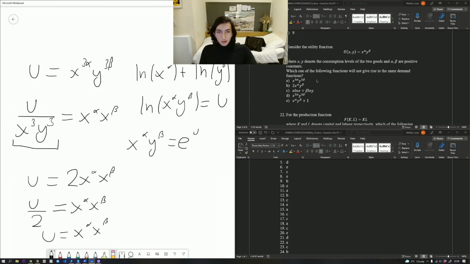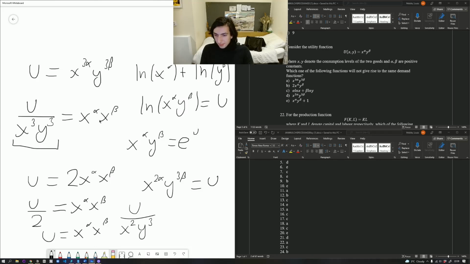Because you can see on d that 2 alpha and 3 beta don't cancel each other out in the same way. If I was to have x^2 alpha y^3 beta equals u, then you essentially get u over x squared y cubed. These are not the same, which is the main thing, so they're not going to really cancel.